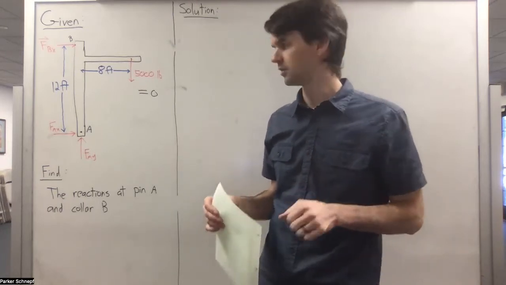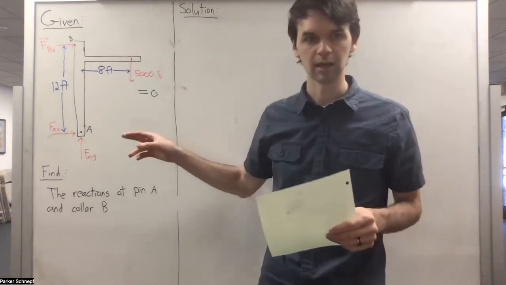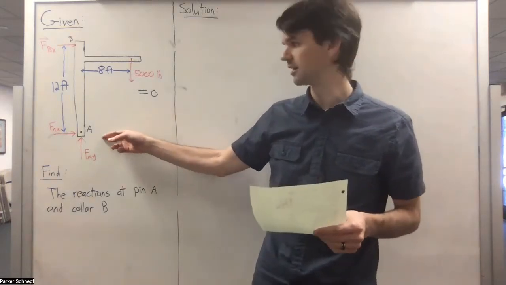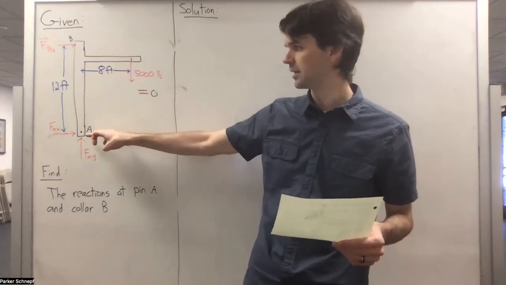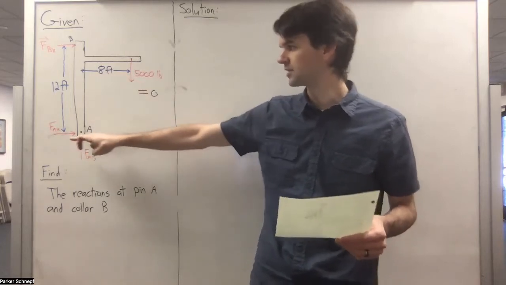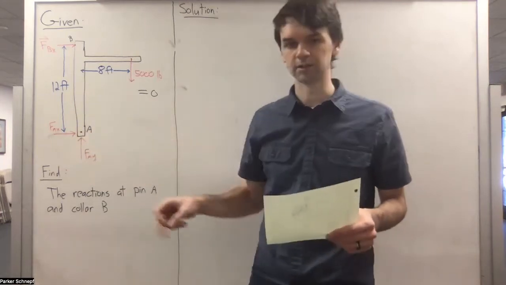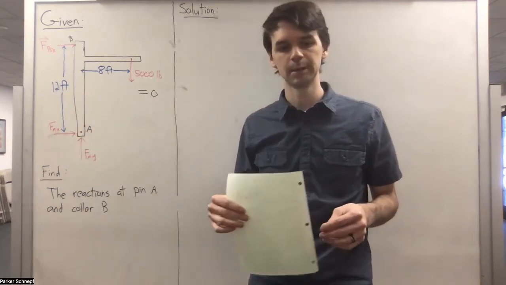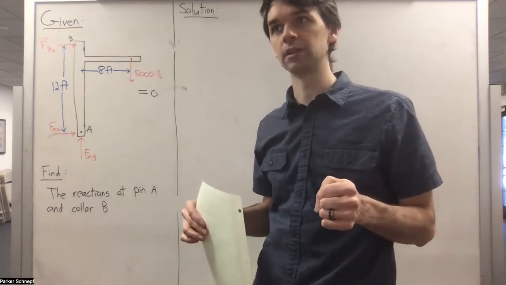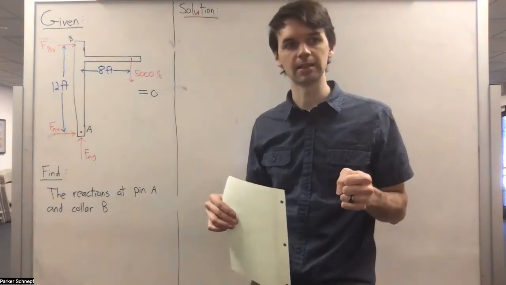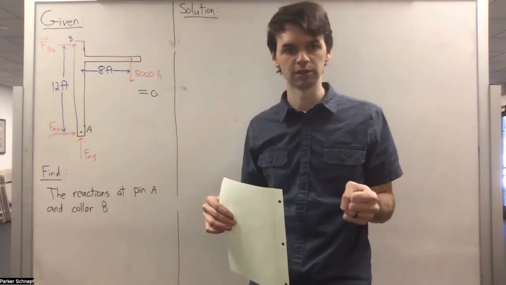But in this problem, we have a pin at point A. Instead of drawing the pin, I've drawn a free body diagram of that member. A pin has a reaction force in the X direction and the Y direction. Reaction forces are the ways that a support resists motion.